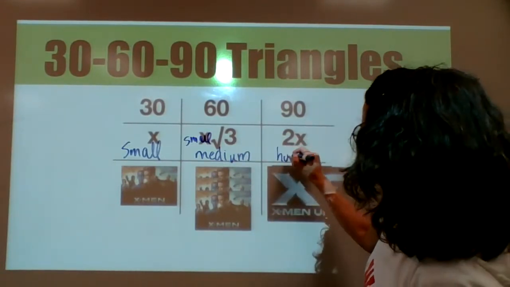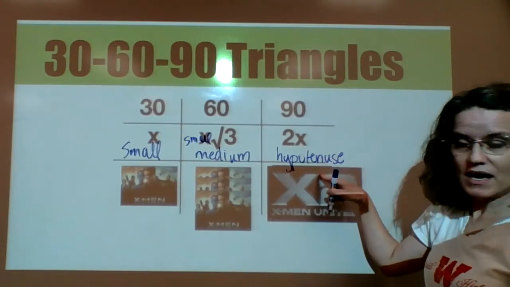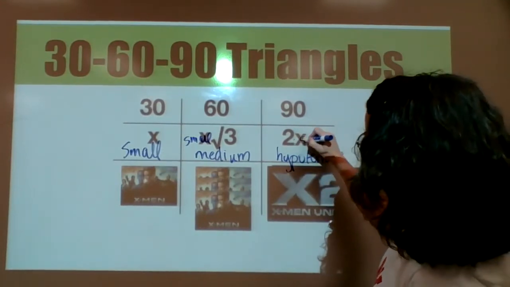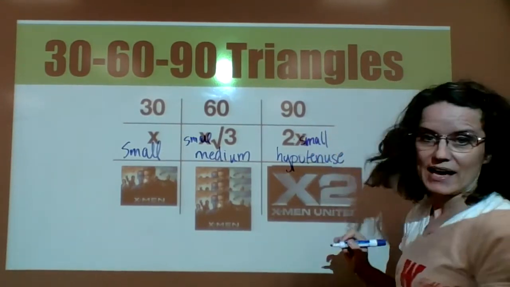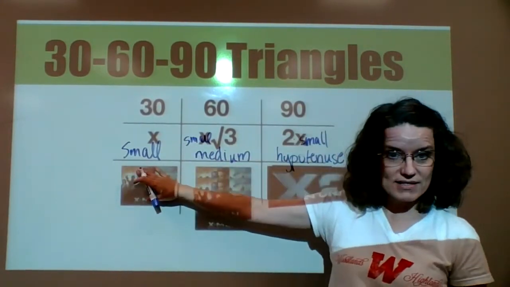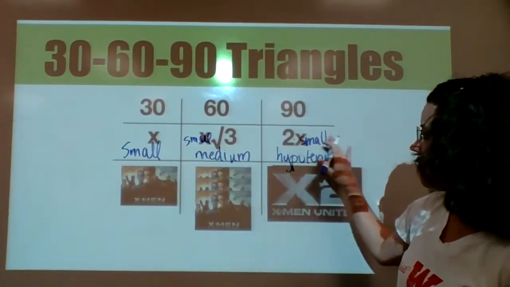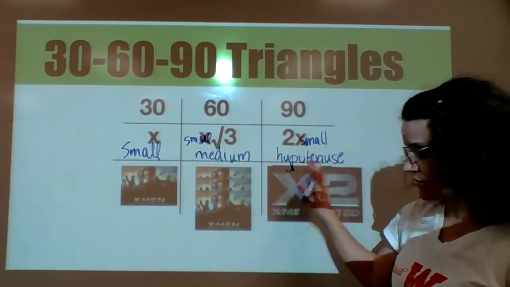My hypotenuse is always opposite the 90 degree angle, and it's always 2 times that small side. So everything relates to this small side. The small side is itself, the medium side is small root 3, and the long side is 2 times whatever the small dude was.